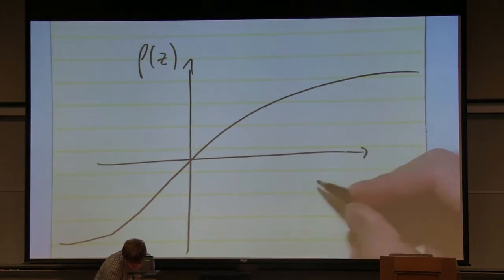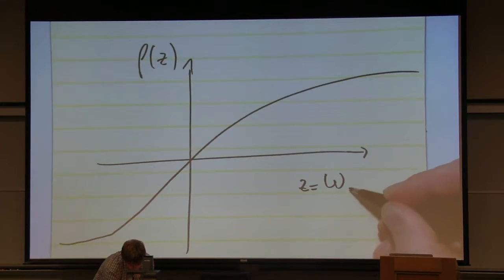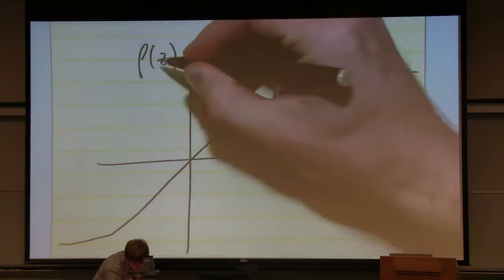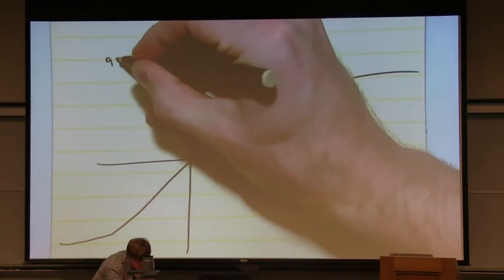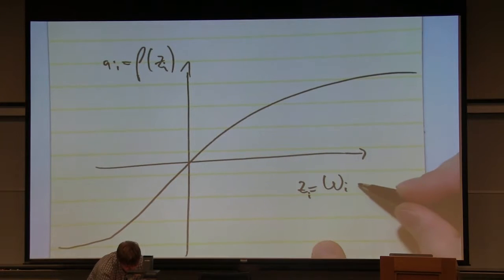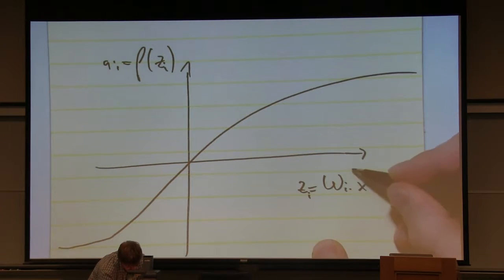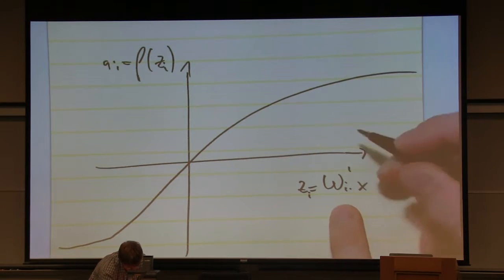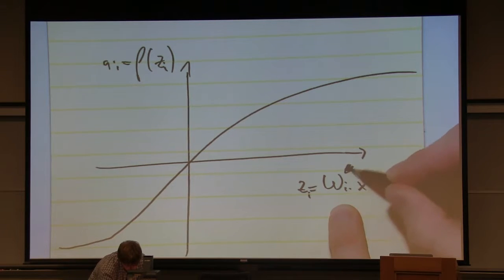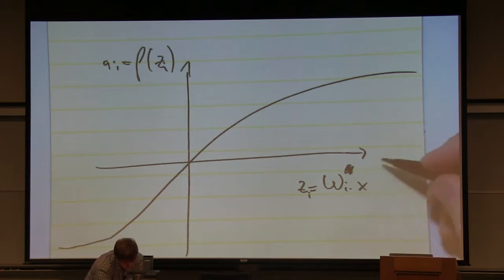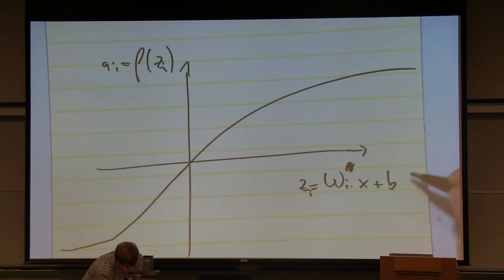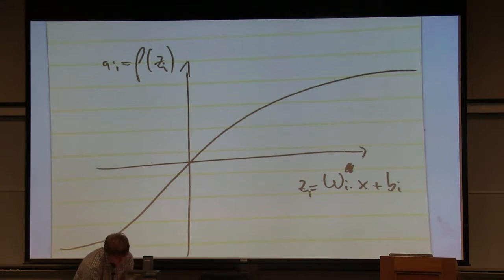And now z here was just w of the, let's say this is z_i. You compute your activation a_i. And z_i was just w_i dot, so that was already a row vector, so we just have this inner product here plus the bias term for the ith unit.